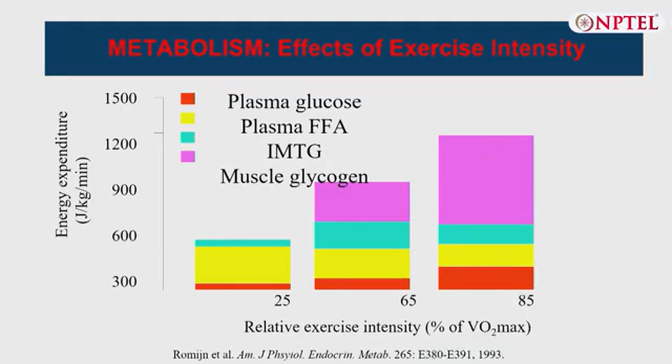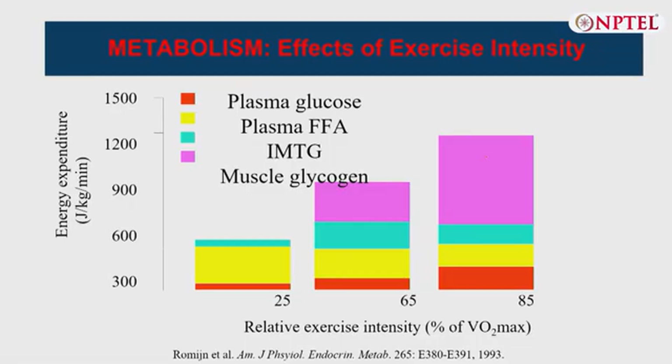In the aerobic process, as I talked about the intensity basis, when the intensity is low, at that time plasma free fatty acid is the better fuel for energy. When you are working at 25% of relative VO2 max, the maximum oxygen uptake, your major energy is driven from fat oxidation.